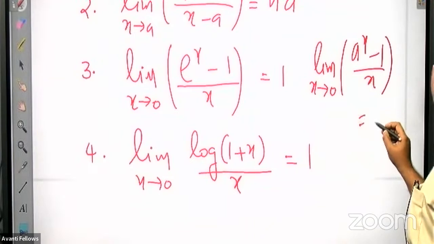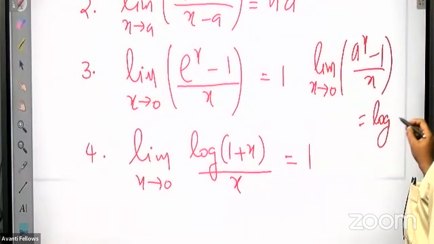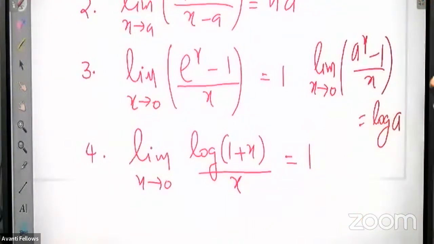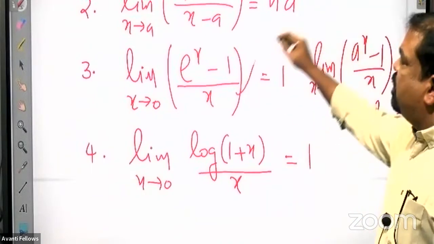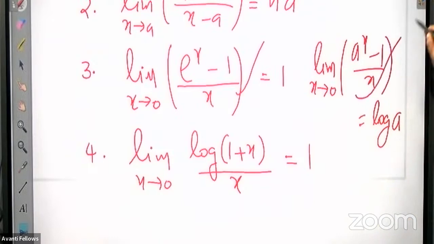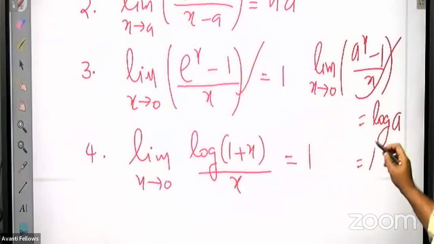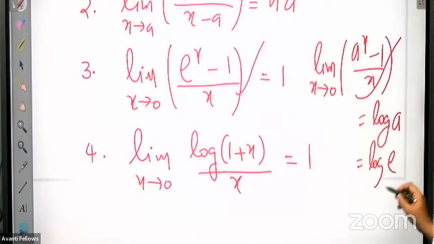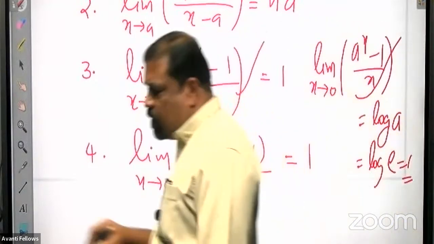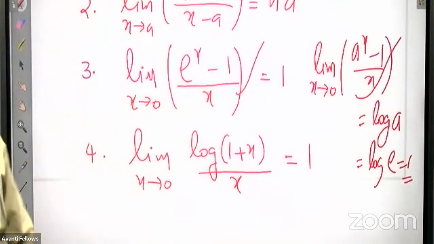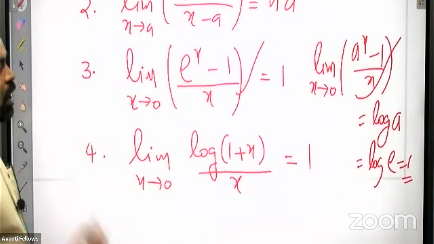So the answer is log a. So this formula is a special case of that formula. If I replace a by e, you will get log e, and log e means the value is 1. So please remember the standard limits for evaluating the problems involving continuity.